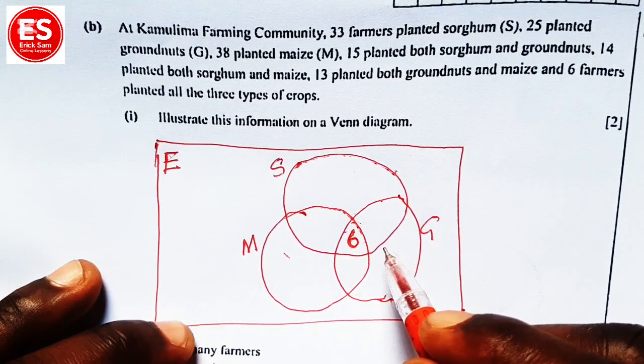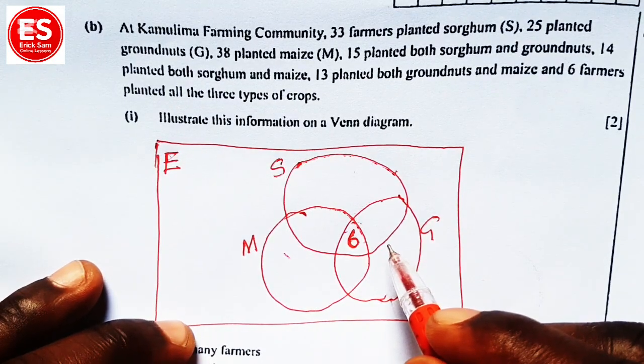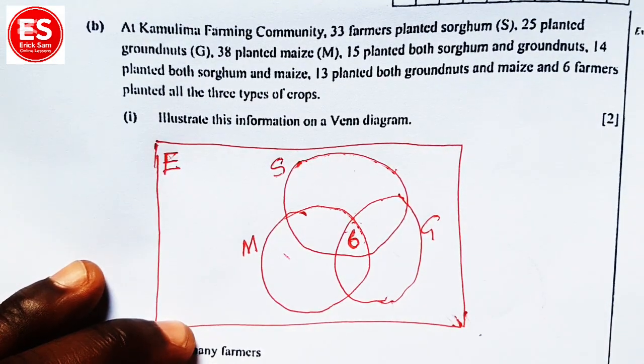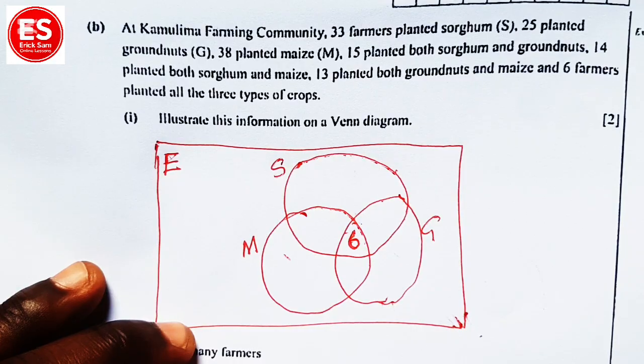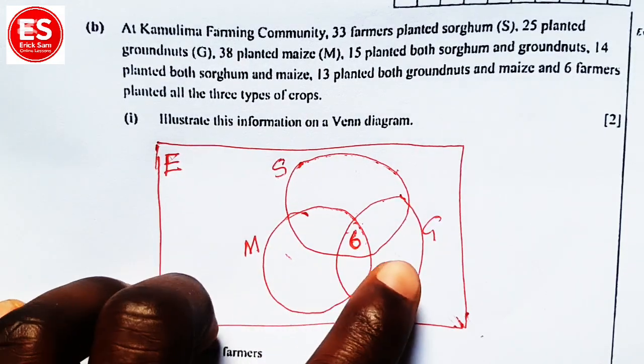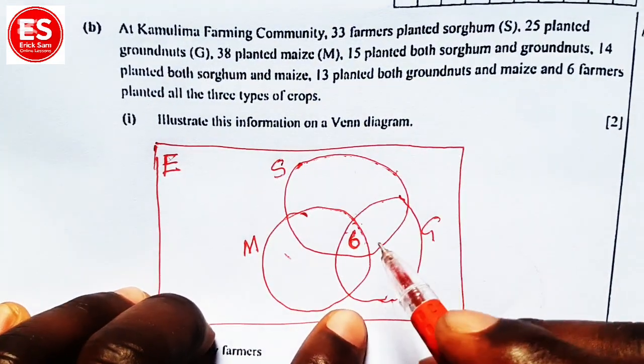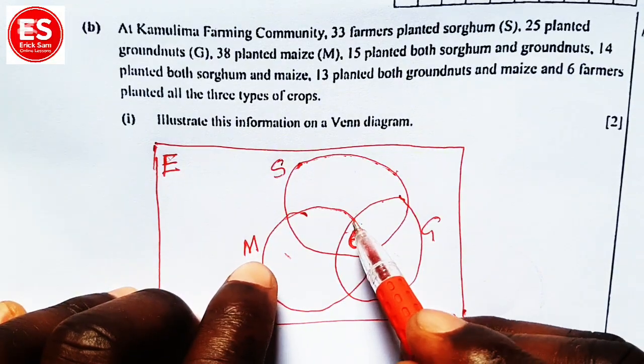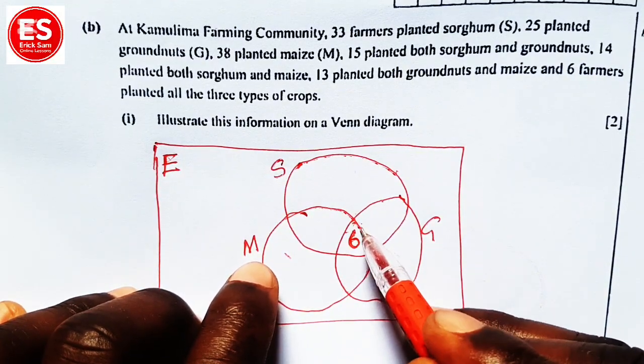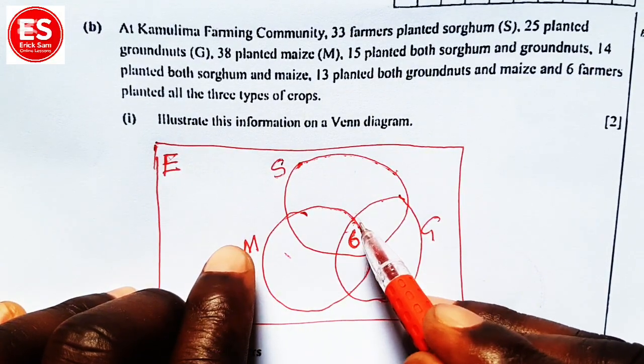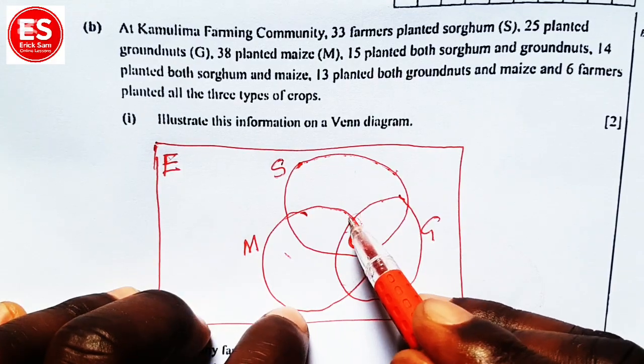Now from there we are going to look at those that planted 2 types of crops. Let's start with the 13 planted both groundnuts and maize. So those that planted groundnuts and maize, it's this part, where they're intersecting.